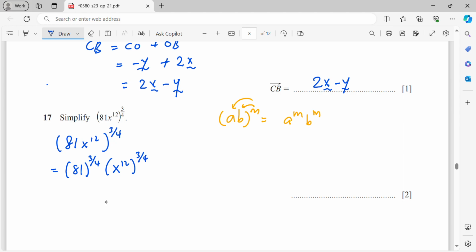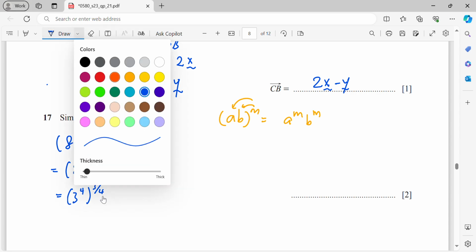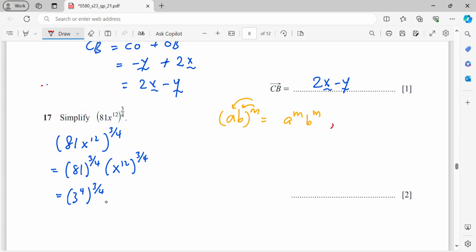Now this 81 I can change to 3 to the power 4. Then for the next one, we have another formula, which is a to the power of m, then another power outside, that means this is a to the power mn. Then from here, I will be getting x to the power of 12 times 3 over 4.